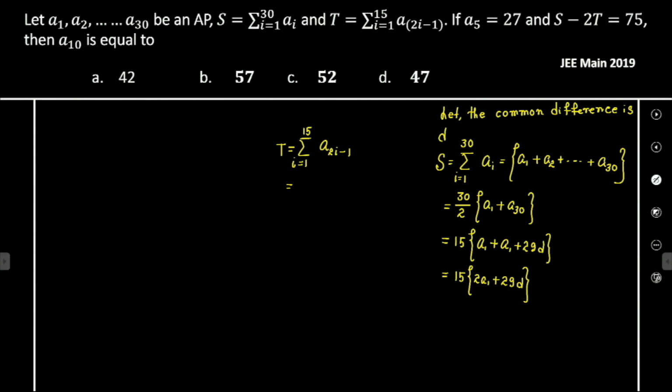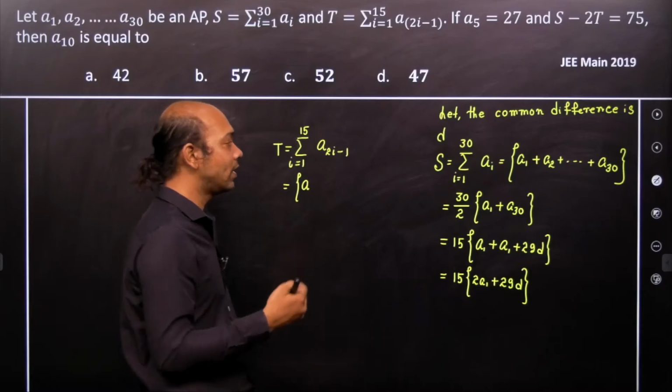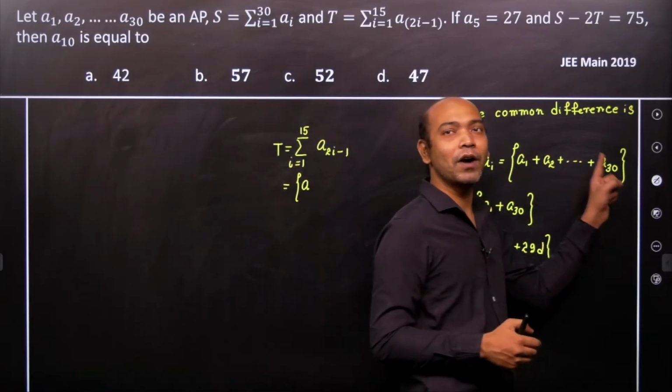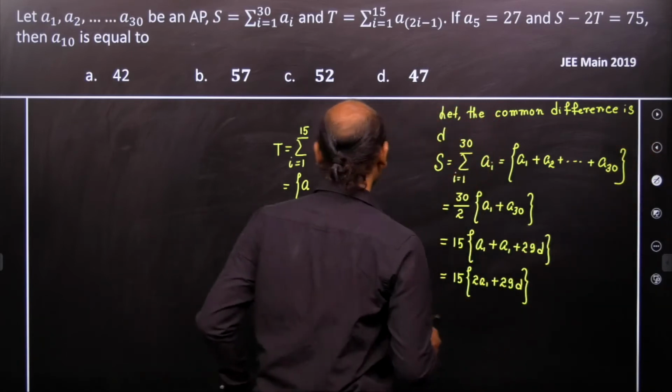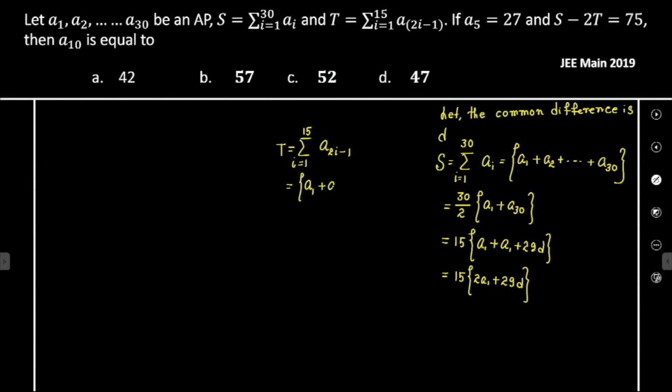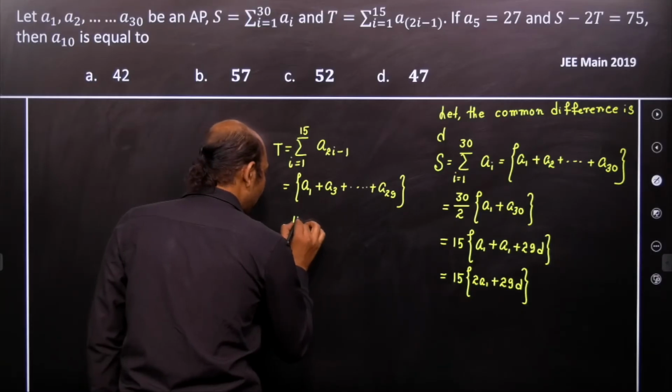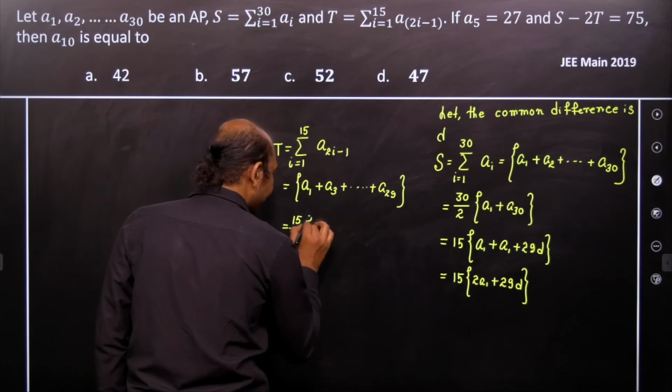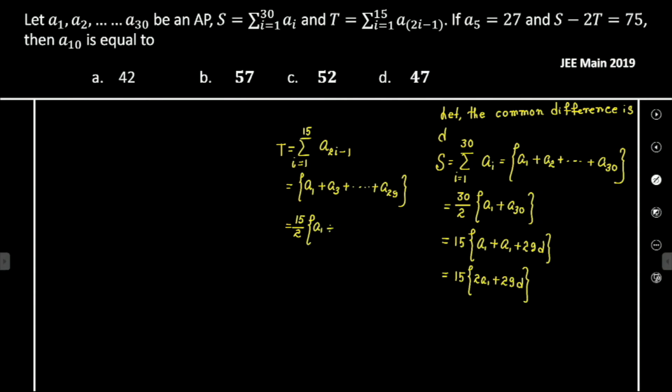If I write it in sum form, it's all 2i minus 1, so all odd terms: 1, 3, 5, 7 and so on. So it gives you A1 plus A3 plus dot dot dot up to A29. Here we have 15 terms, so we find 15 divided by 2 times A1 plus A29, and that completes that.